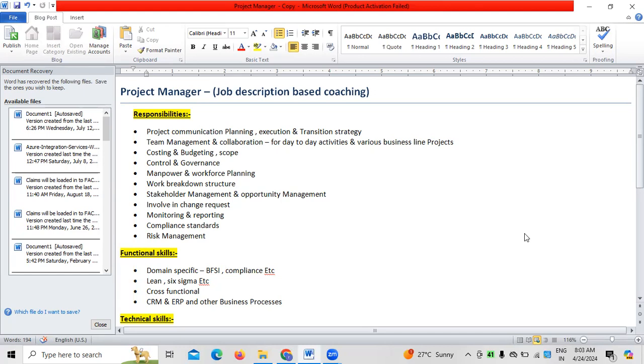As far as my experience is concerned, I have seen many people who are looking for career transformation, especially mid-level as well as senior-level professionals who want to apply for project management roles. Due to ignorance, many people don't have a clear idea about what responsibilities to mention and what kind of skill set one has to acquire.